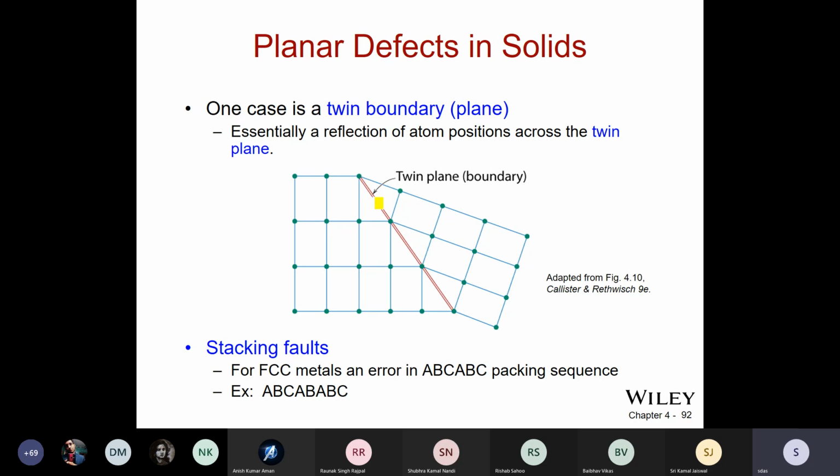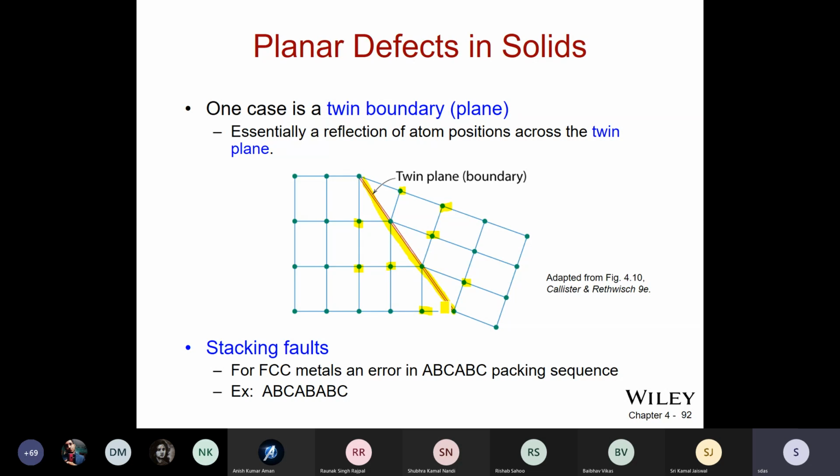There's an imaginary plane here across which, say, this atom is the mirror image of that atom. This atom is the mirror image of that atom. This atom is the mirror image of this atom, and so on. So this phenomenon is called twinning.